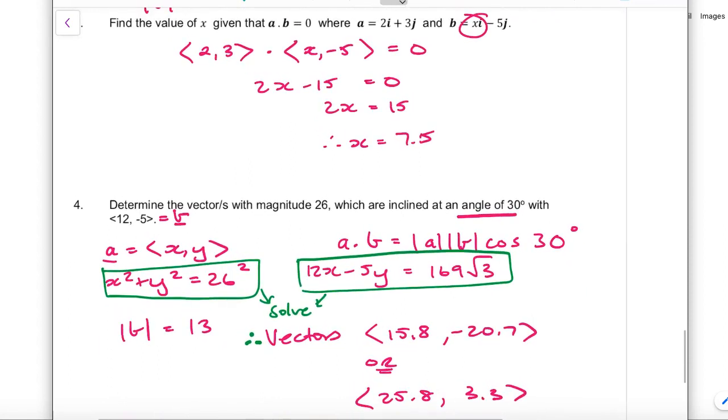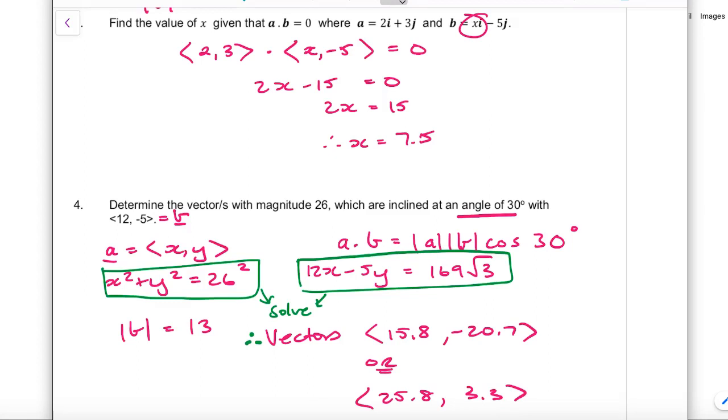In question 3, we can find x, the unknown i component in vector B, if we know that their scalar product is 0, which means they're perpendicular to each other. So x is 7.5. And in our final question, we have the magnitude of a vector and the angle between them.